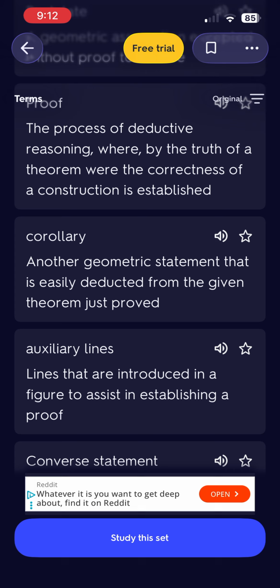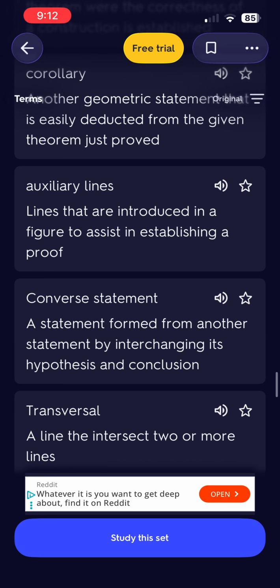Corollary. Another geometric statement that is easily deduced from the given theorem just proved. Auxiliary lines. Lines that are introduced in a figure to assist in establishing a proof.